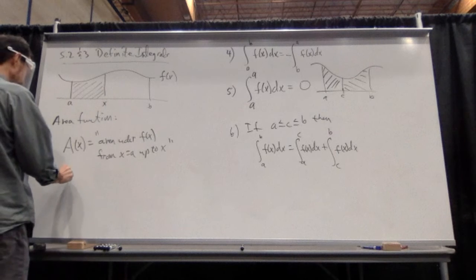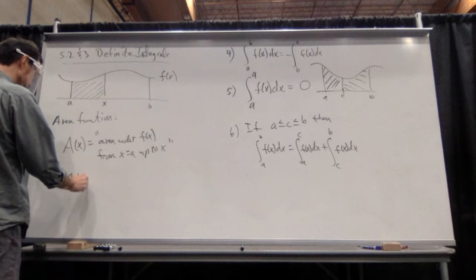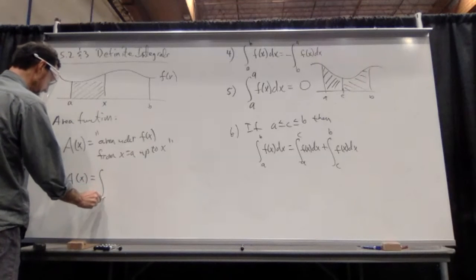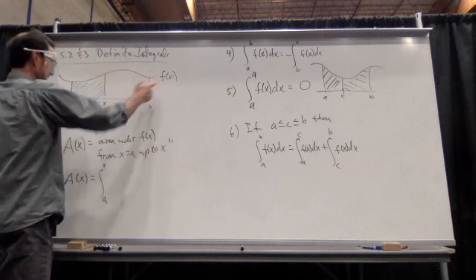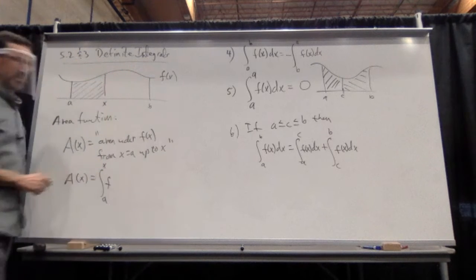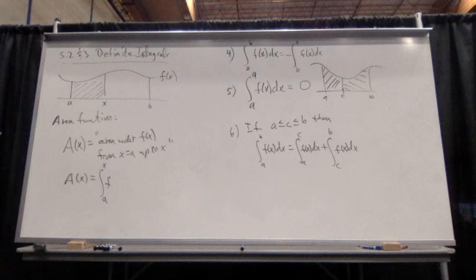And therefore, because of what we know about integrals, the area function is how we get areas. It's the integral from a up to x, integrating this function, but we need to be just a little bit careful here.